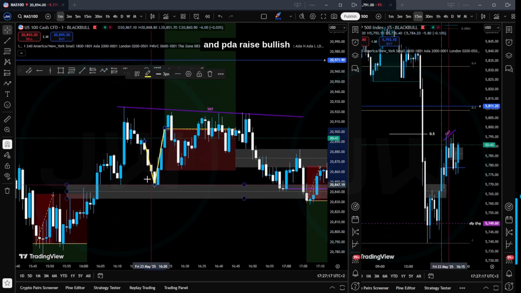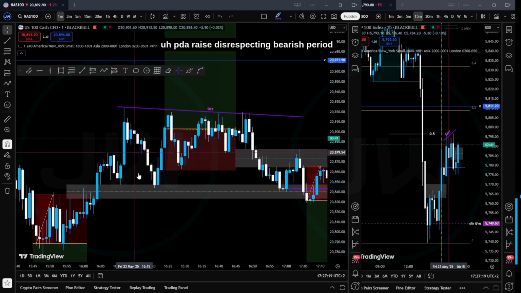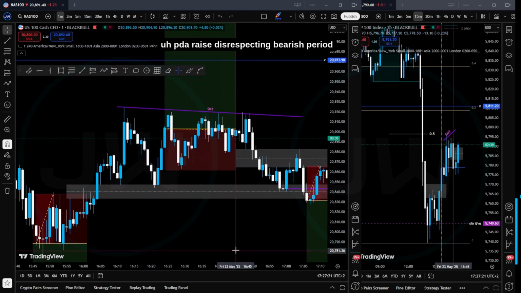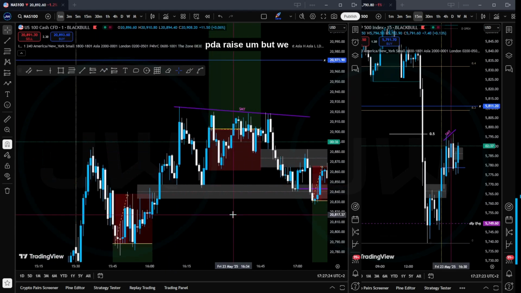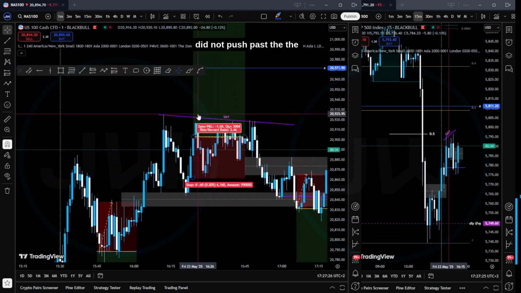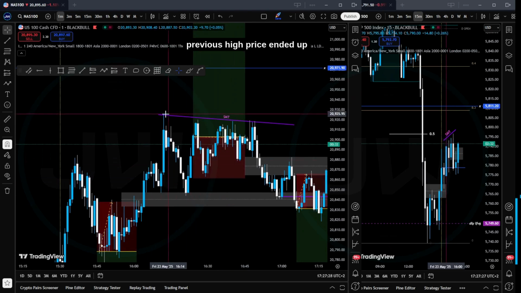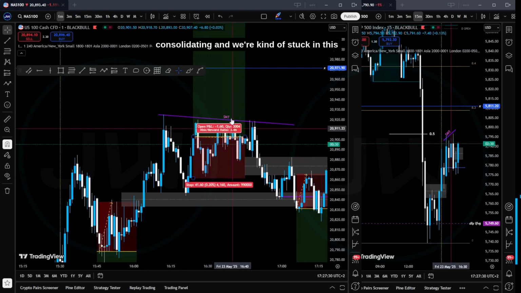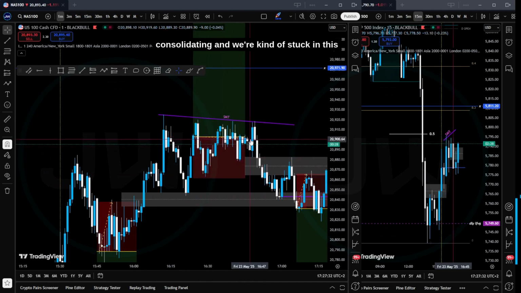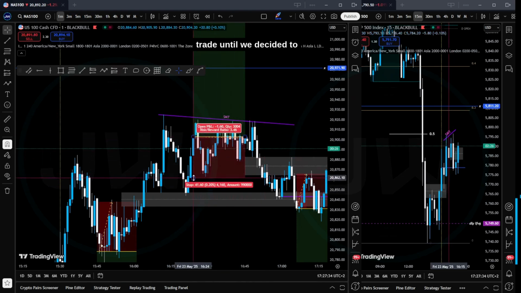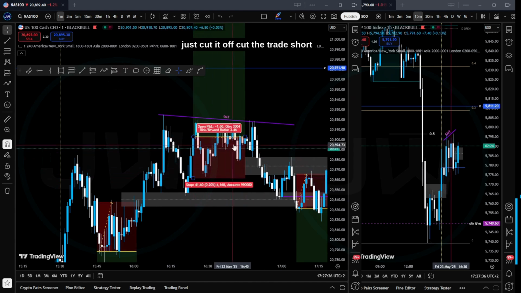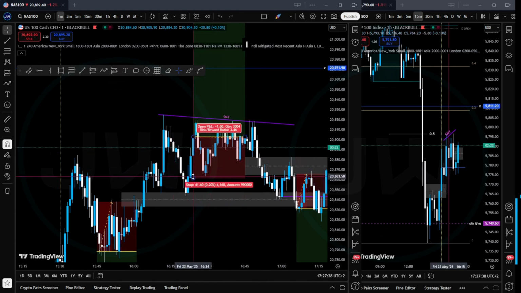Bullish PD arrays disrespecting bearish PD arrays, but we did not push past the previous high. Price ended up consolidating and we were stuck in this trade until we decided to cut the trade short.